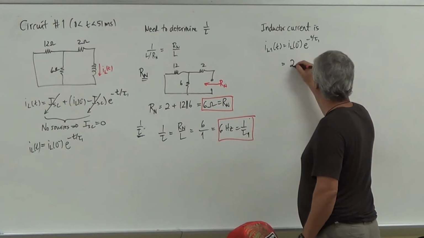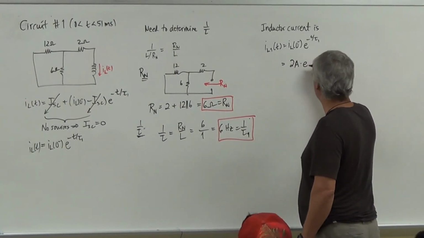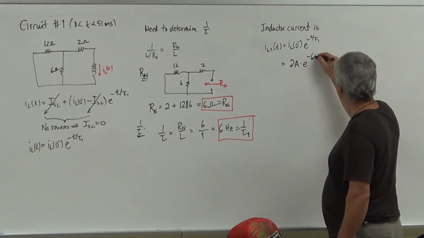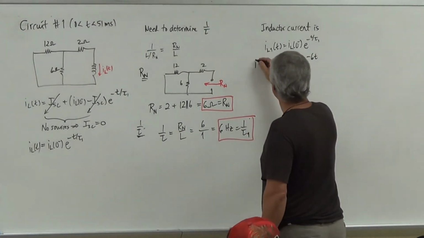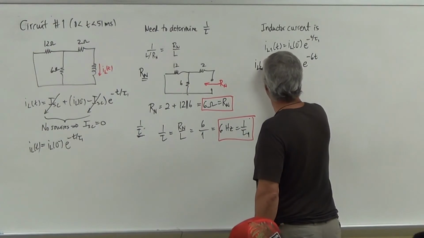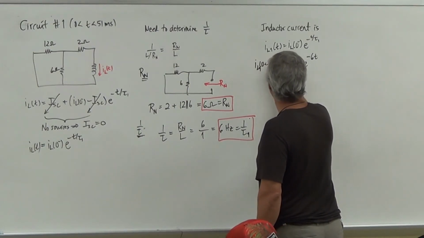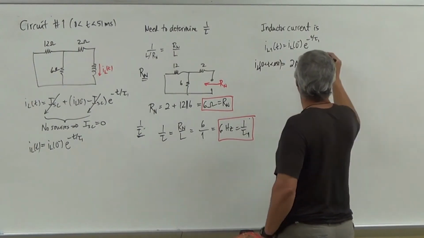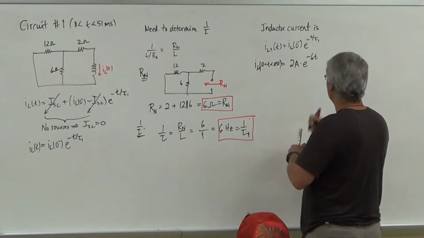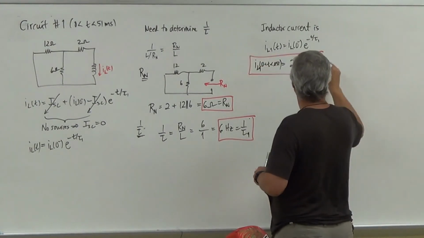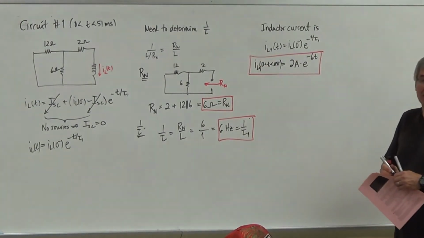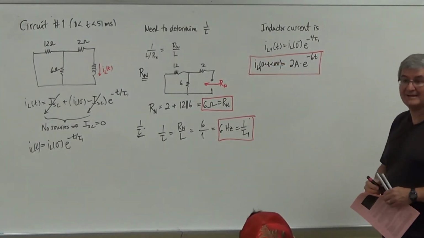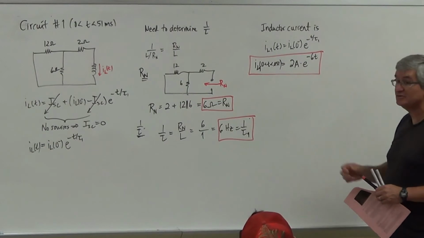So I got 2 amps times e to this guy here, which will be minus 6t. So this is my inductor current between 0 and 0.051 seconds. So now I got my current of the inductor. So far, this is not a surprise. We would expect this guy to come all the way down and decay, just like this here.